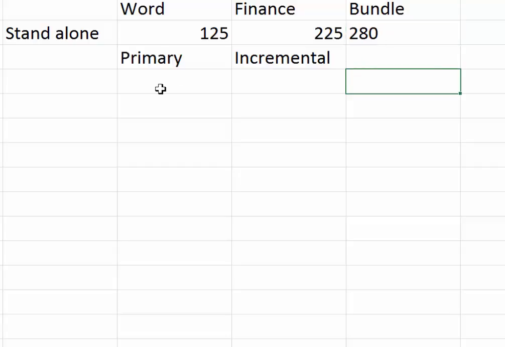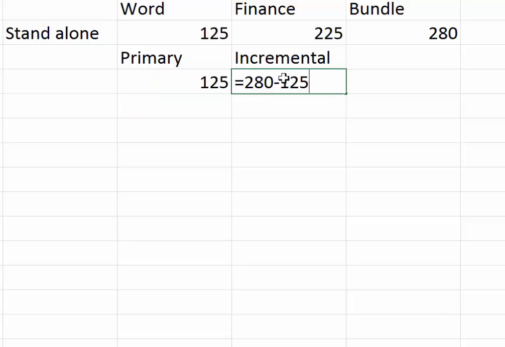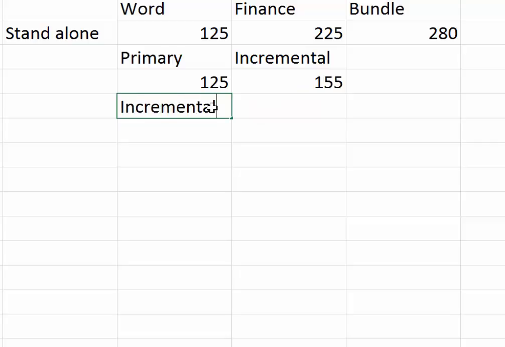Now I'm going to figure out, if I make Word primary, then I will make sure I get the 125 revenue allocated to Word Master. For Finance, it is going to be the result of 280 minus 125. Then if I make Finance primary but Word incremental, we'll have the pretty much opposite situation.